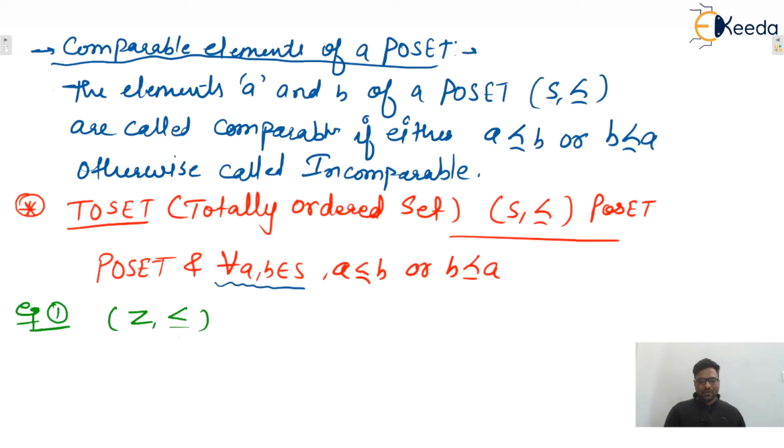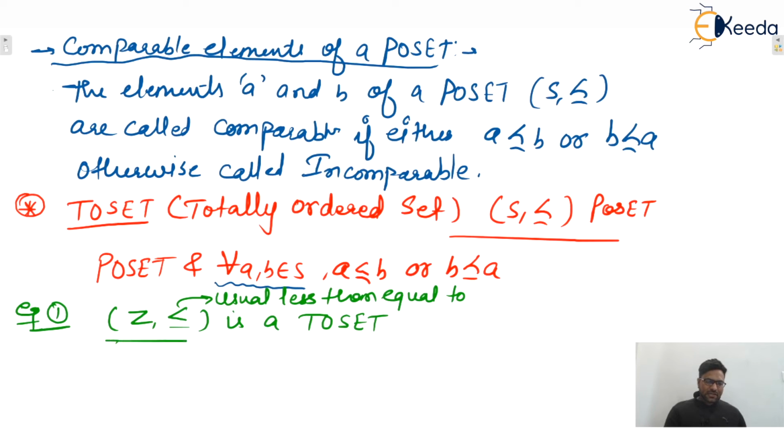the usual less than or equal to is a toset, isn't it? Is it a toset or not? First of all, this one is a poset because the relation less than or equal to is reflexive, antisymmetric and transitive.